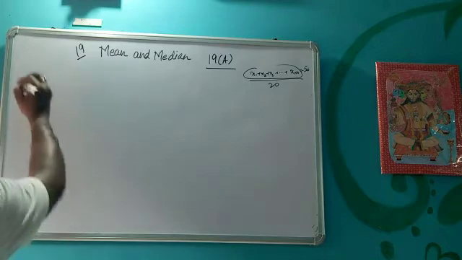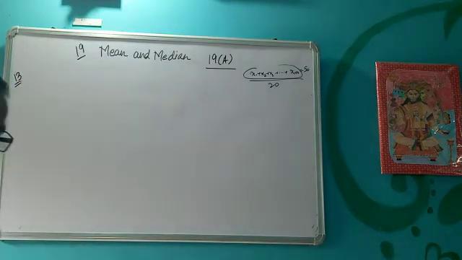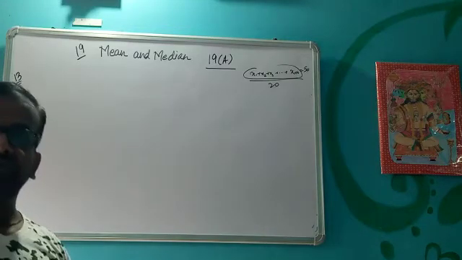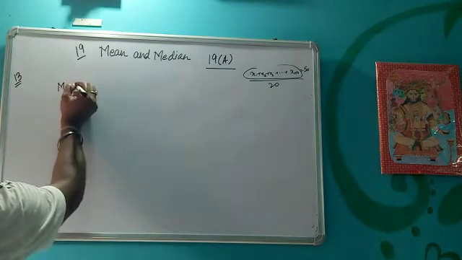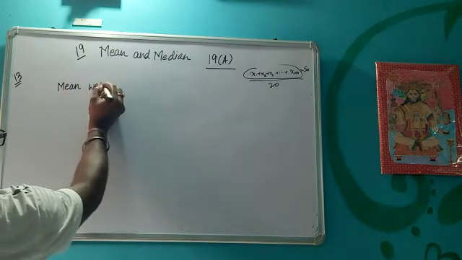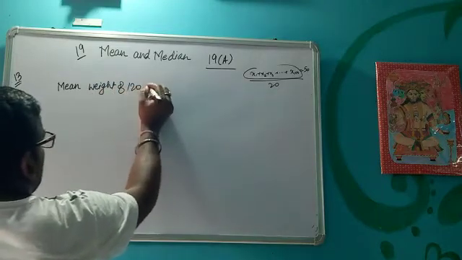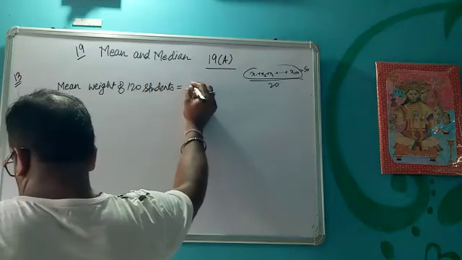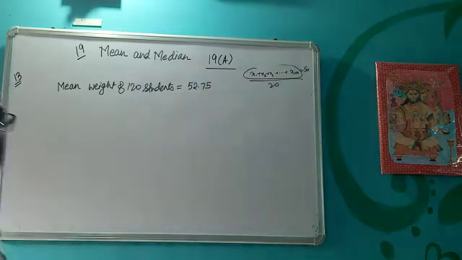Okay, let's see one more type. The mean weight of 120 students of a school is 52.75. So mean weight of 120 students is equal to 52.75.